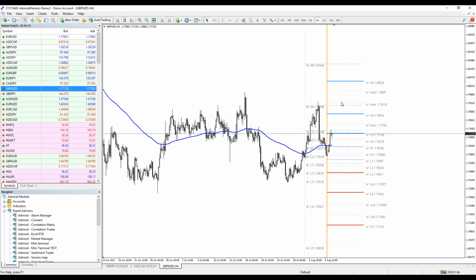So GBP New Zealand is tricky. Watch for the break of this high. If it breaks, it could go up. If not, it should proceed down, definitely testing around weekly L3 because we have a lot of buyers historically from this spot. 74.35, 74.60.